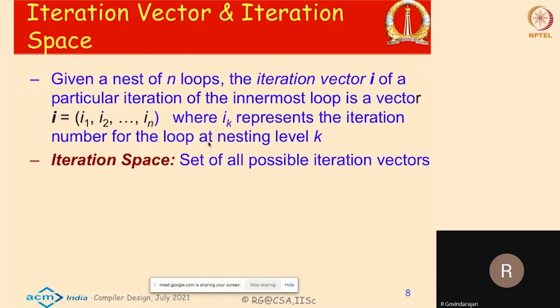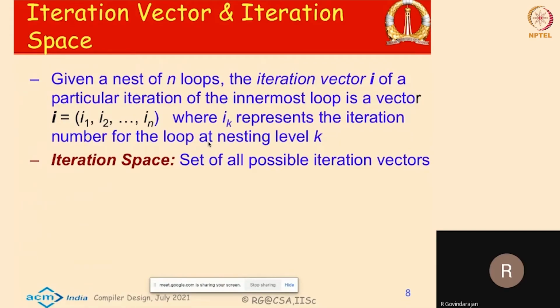We're going to use the notation of iteration vector and iteration space essentially to talk about the different index values that the loop can take. That is essentially what is called the iteration vector. For example, if you have a loop nest consisting of n loops, then of course there are n index variables I1, I2, I3, ..., In, and they can take values from 0 to n, or whatever.